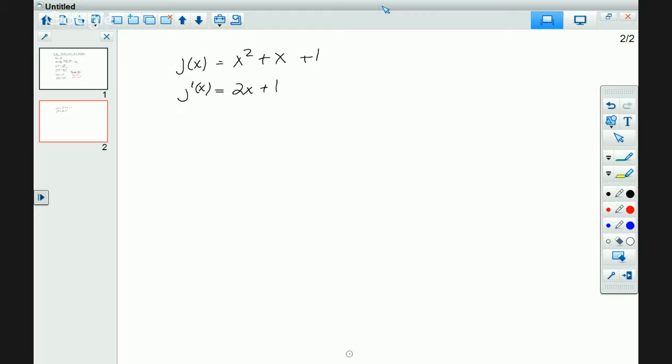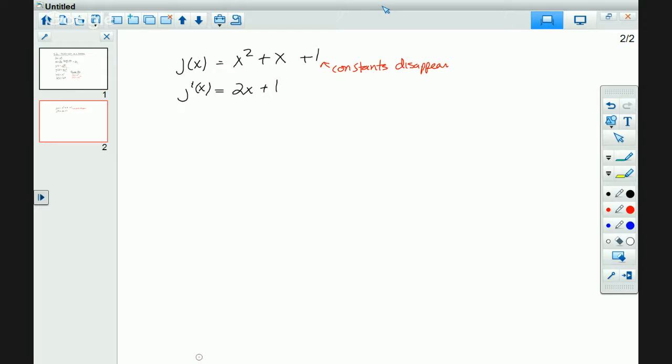Constants go away. There you go. So even if it is to the power of 1, like the power of 0, you wouldn't get 1 to the power of negative 1. Nope.